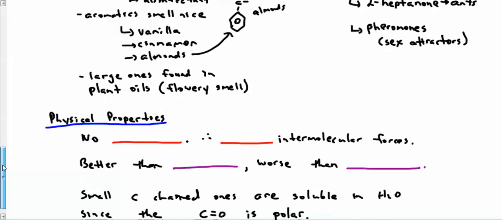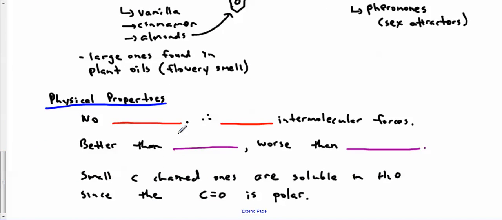Here, physical properties. In these molecules, there will not be any H bonding. I do not have an H attached to an O, N, or F. So therefore, they're going to be small intermolecular forces here.